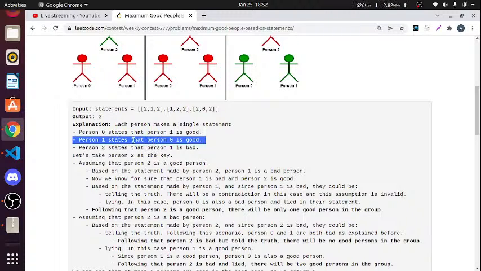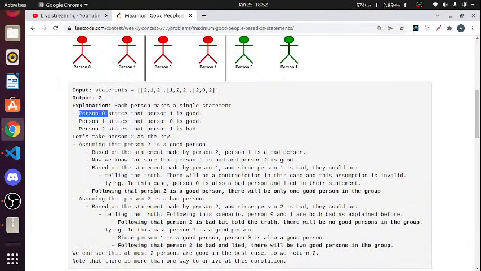So this is bad, so this will not come. And he doesn't tell about the other one. So we also assume that person 0 is true, the second case. So he tells that person 1 is good. There is a contradiction. Following that, person 2 is a good person, there will be only one person in the group.